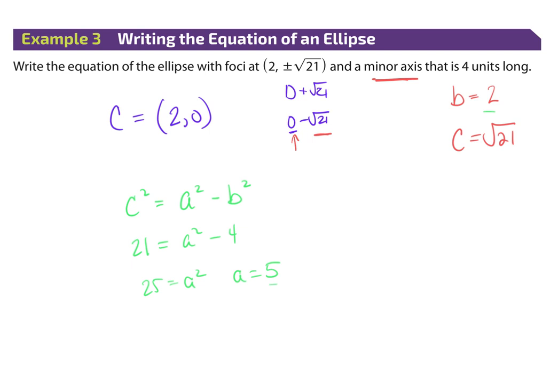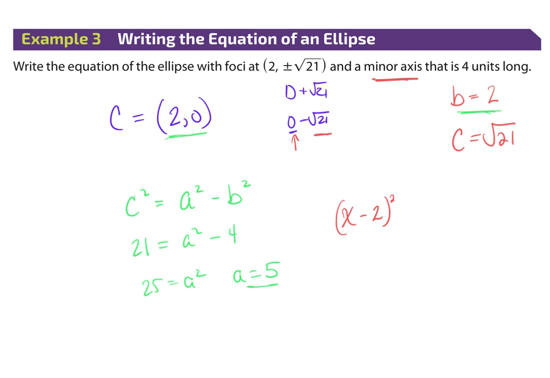So I have my A value, I have my B value, and I have my center. And so I can pretty much just plug those into a standard equation. My standard equation is x minus the h value of my center, quantity squared. Because this is elongated on the y, my smaller value is going to be here.